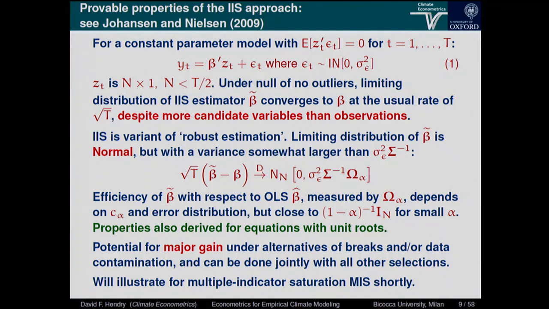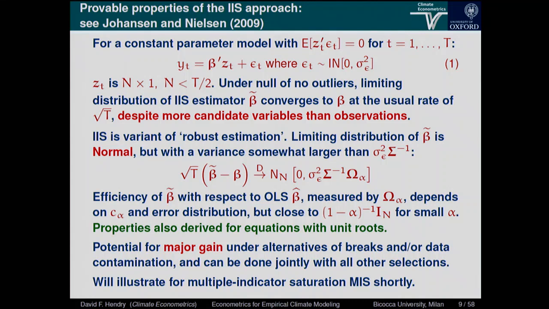So if we took alpha at 1%, (1 minus alpha) to the minus 1 is 1.01. So you've got a 1% increase in the uncertainty, despite having looked for outliers everywhere in your data set. So it's a small cost to pay for the major gain in finding breaks, outliers, data contamination, etc.